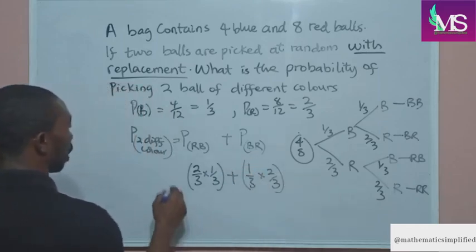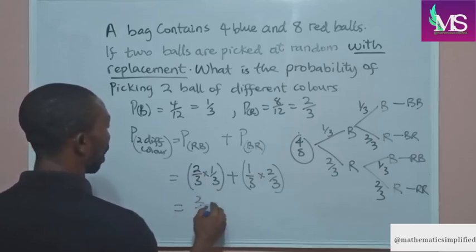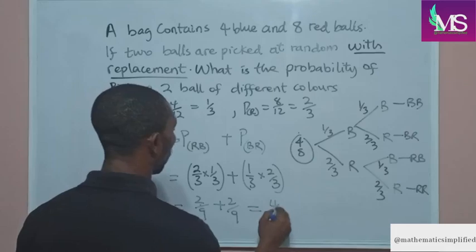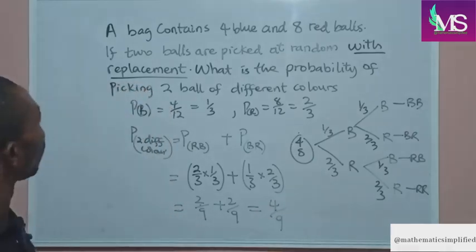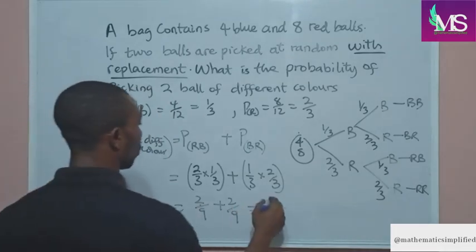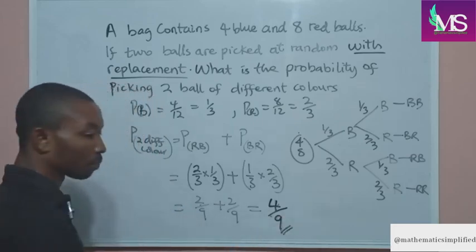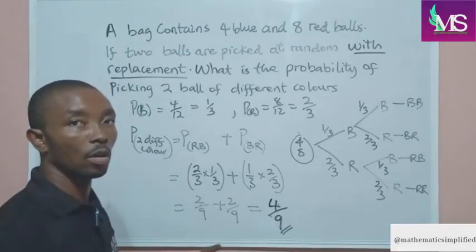This will now give us 2 over 9 plus 2 over 9, which will give us 4 over 9. So the probability of picking 2 different colors from that bag is 4 over 9.